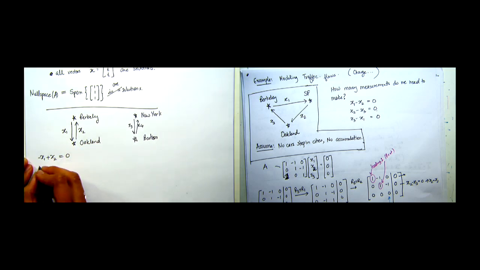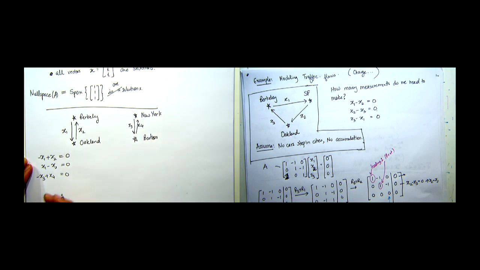You would get basically an equation for Berkeley. So you would have minus x1 plus x2 equal to 0. You would have an equation for Oakland. So you would have x1 minus x2 equal to 0. You would have an equation for New York, minus x3 plus x4 equal to 0.